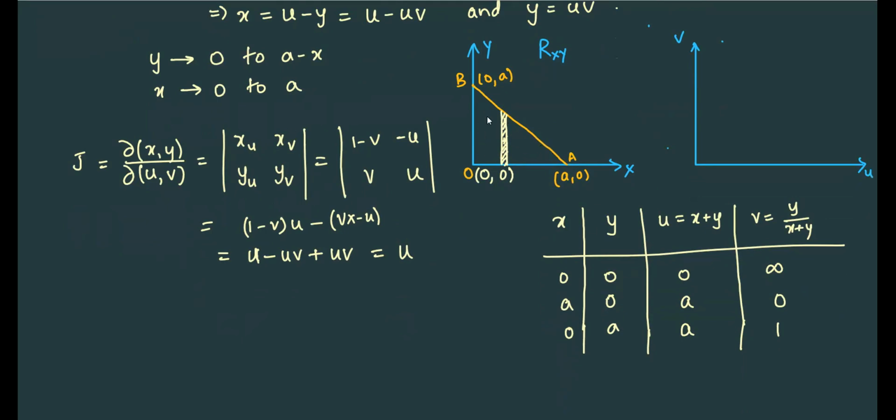It is not just on the line. There are so many points in this region, and all that region has to be transformed. So for the boundaries, 0 comma 0 is u is 0, v is infinity. Then we have a comma 0, and we have a comma 1.